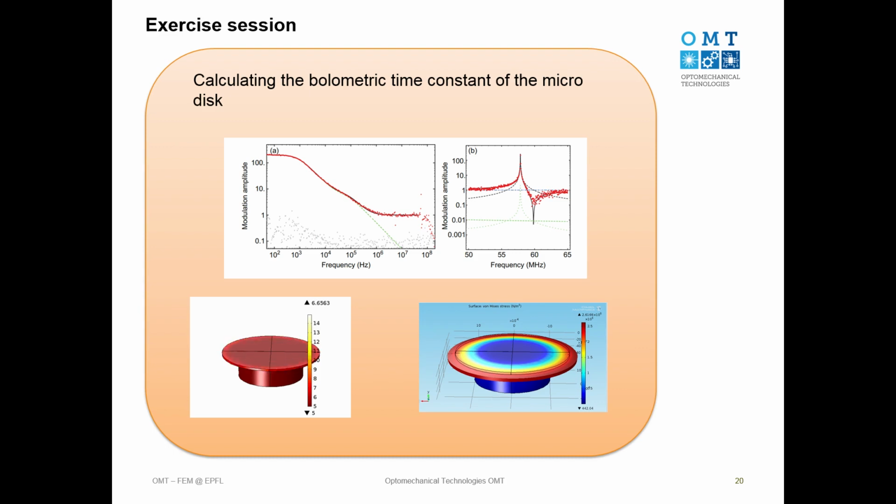And it's very important, guys. This is absolutely important for you who are starting in this field. If you drive on mechanical resonance, you have back action, radiation pressure. And if this time constant is high enough, so the bolometric force is not too small, these two forces would interfere with each other.